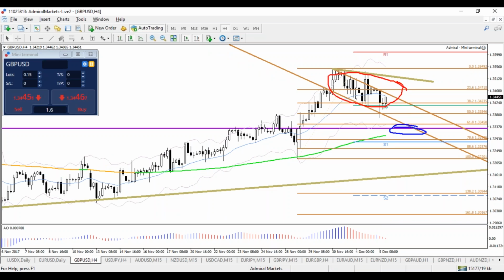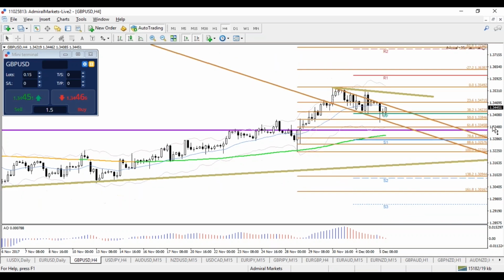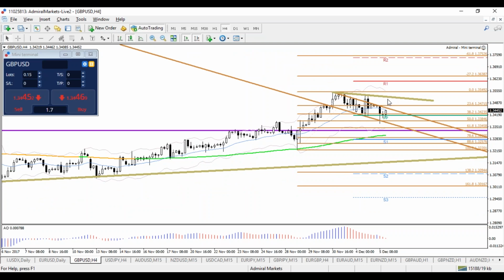I would maybe really wait for price to get back, and would need to see some significant confirmations here. I'm not even sure what at this moment. Maybe a daily candle.